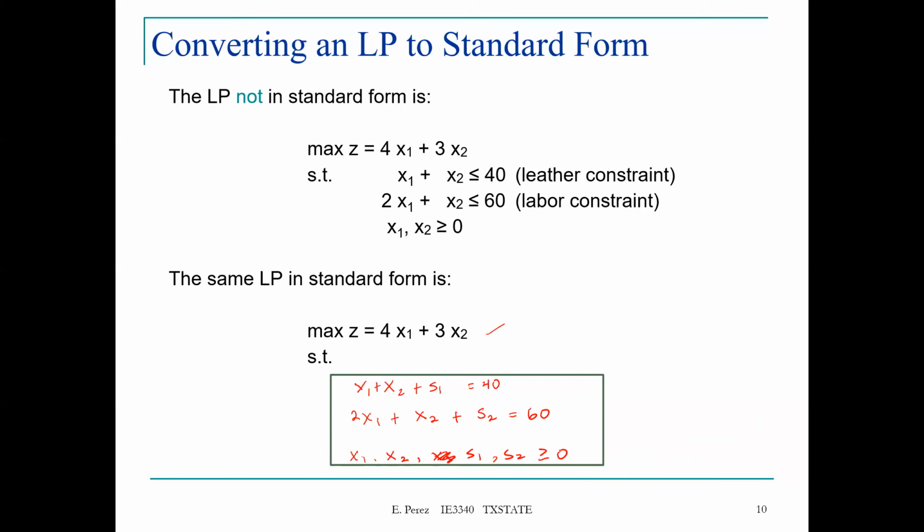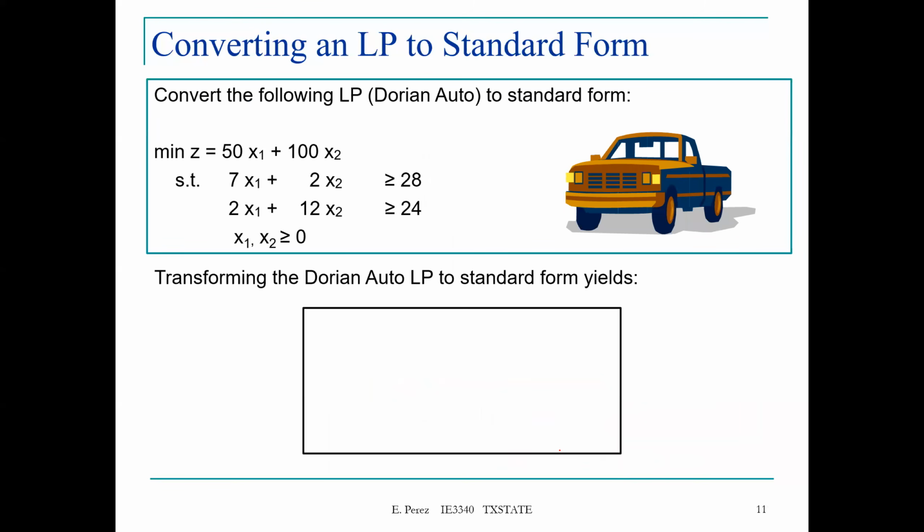Let's look at another example. In the next example, we're going to have constraints that are greater or equal to something. So we have the LP Dorian auto example. This is coming from a previous lecture. So we formulated this problem. Now we want to transform this LP to standard form. In this case, we have inequalities that are greater or equal to something.